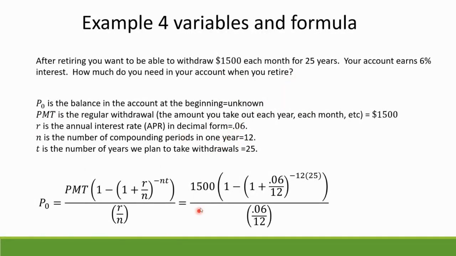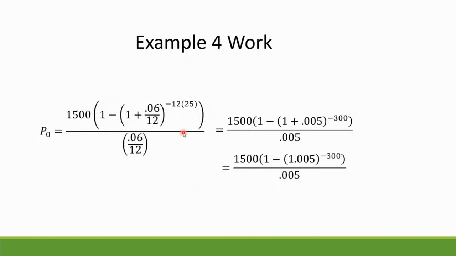So using the formula, we plug in. We get 1,500 times 1 minus (1 plus r, which is 0.06 over 12) raised to the negative n times t, which is negative 12 times 25, and all divided by 0.06 over 12. So we have to calculate this formula. Just like before, we use order of operations.